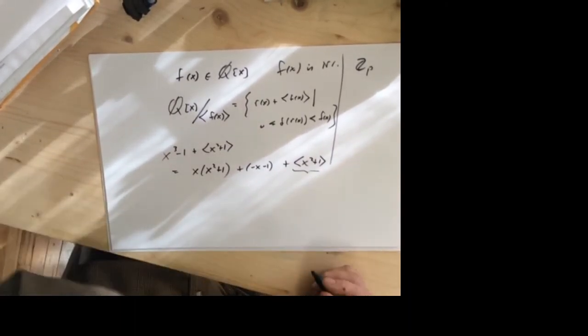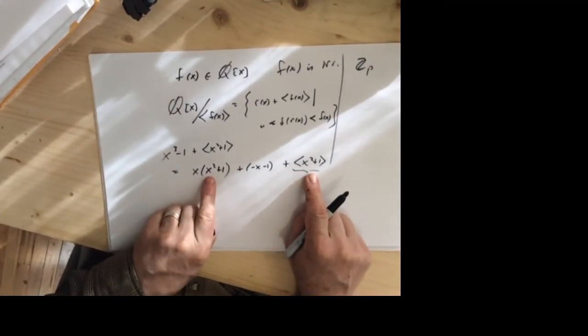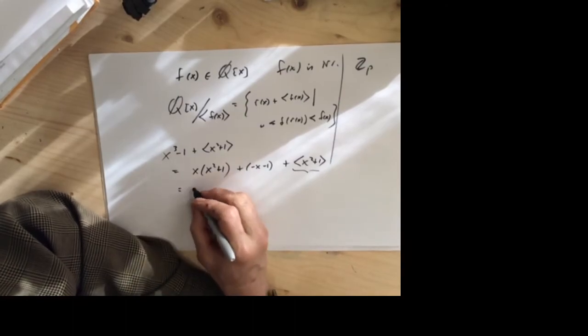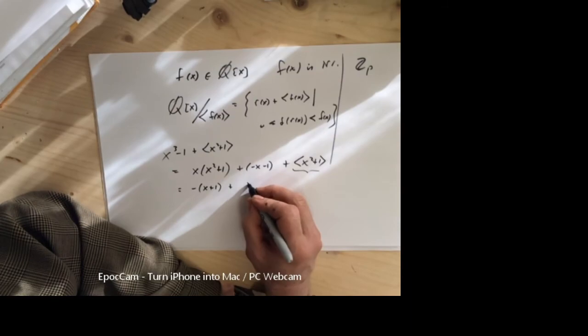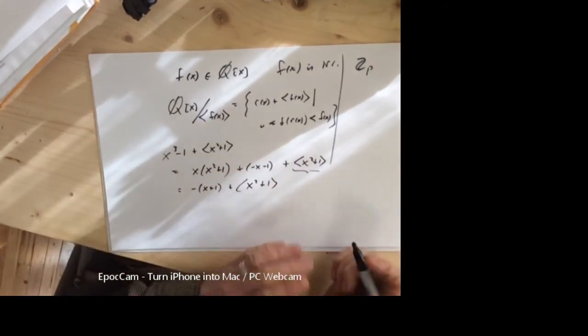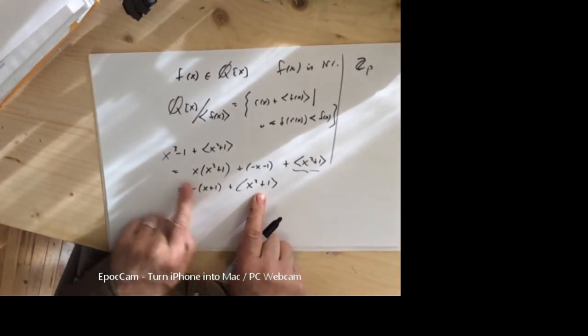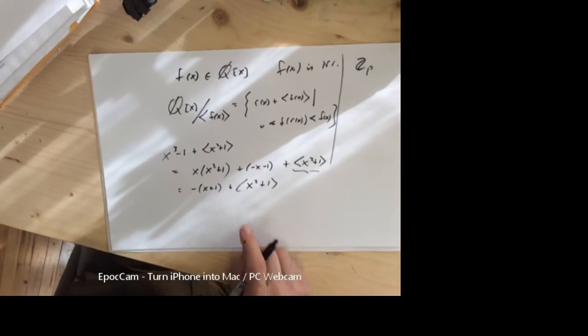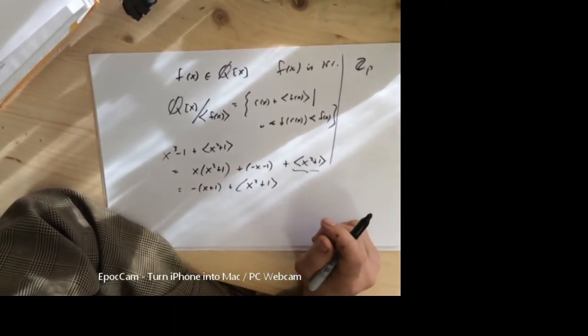But because the ideal, all multiples of this, absorbs this, these add, this plus that is inside of I. This is the canonical name of this coset, and its degree is less than the degree of 2.